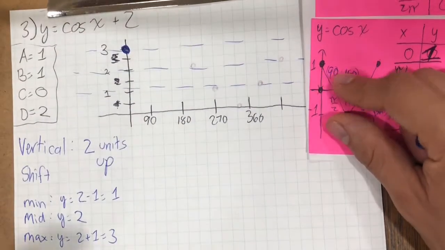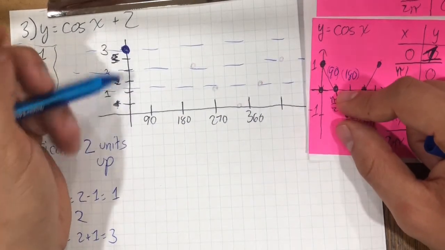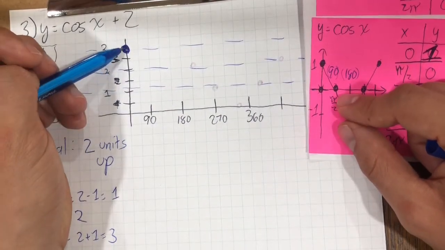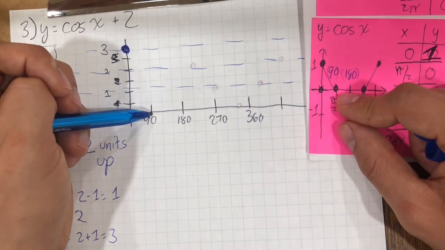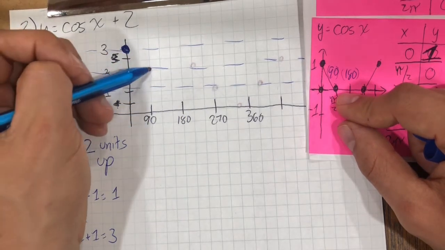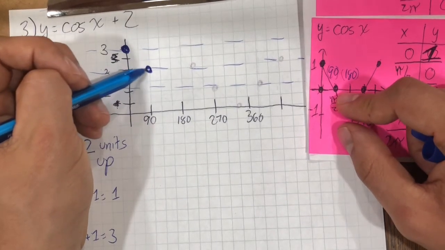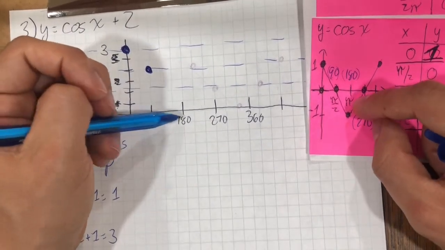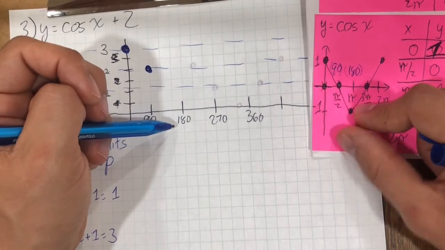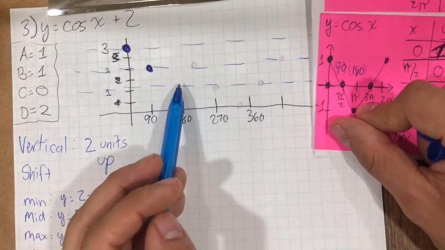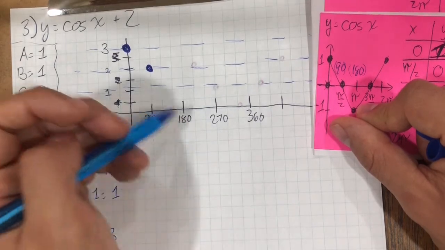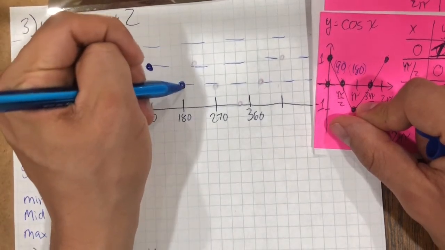All right, and then for my 90, I would go from max to mid, and then we would be at 90, 0. But since we're moving 2 units up, I'm going to 90, 2. And then we have 180, -1, which is my minimum. And since my minimum is at 1 for my y value, now it's going to be 180, 1.